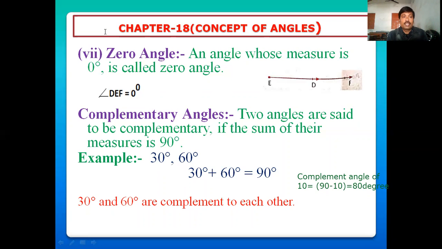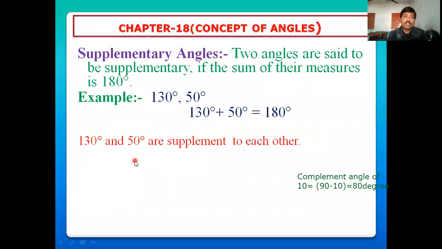Okay. Now let us see what supplementary angles are. Two angles are said to be supplementary if the sum of their measures is 180 degrees. 130 degrees and 50 degrees. When we add both these angles, we find 180 degrees. So 130 degrees and 50 degrees are supplements of each other.